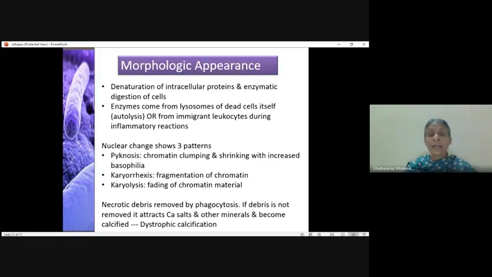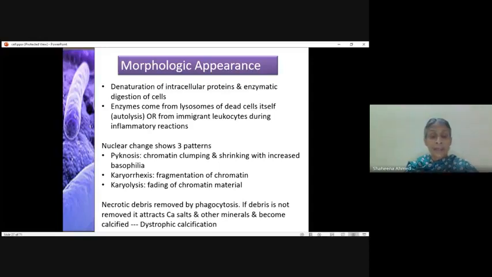Then the nuclear changes in necrosis, you are going to see three patterns. Pycnosis, in this the chromatin clumps together and shrinks, and you will see increased basophilia. They will appear blue. Then karyorrhexis, in this there is fragmentation, the chromatin just breaks away into small pieces. And the third pattern is karyolysis, where the chromatin material just fades away, it just disappears.